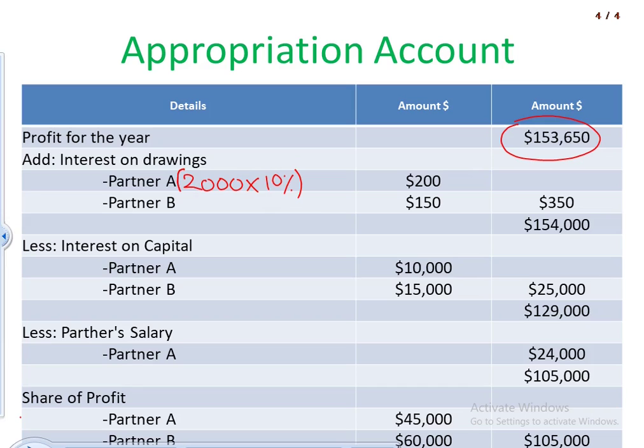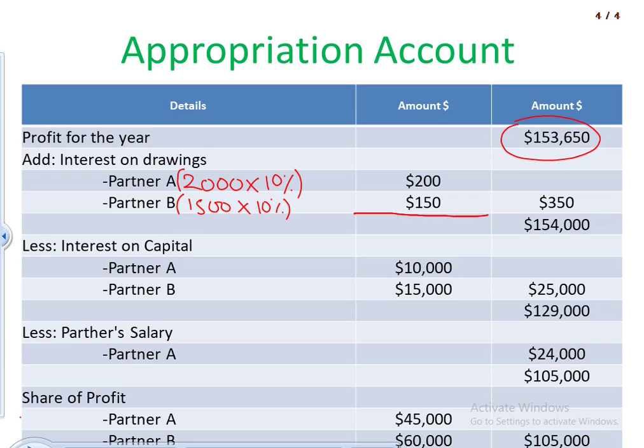Similarly, partner B's drawings is 1,500, so 10% of that is 150. This is the hypothetical number I made up. So these are the amounts.